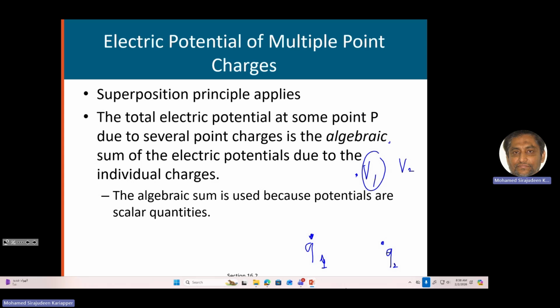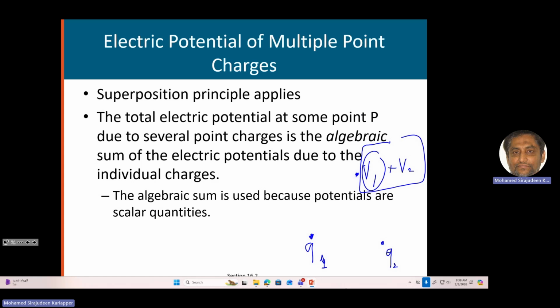Then I can apply the principle of superposition. If someone asks you what is the total potential, the net potential at this point, you simply add them. You take the potential from Q1 and the potential from Q2. Both of them will contribute to the electric potential at that point. You simply add them, so the superposition principle applies.